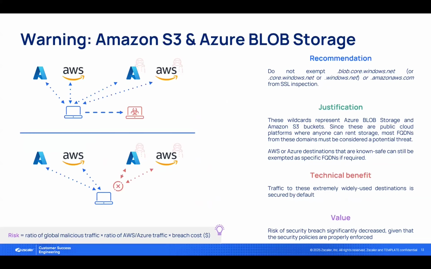Note that Microsoft often recommends bypassing .windows.net from inspection for other applications or services, and that if done, this will also bypass all Azure Blob Storage. You are free to exempt specific known safe AWS or Azure destinations if required. The recommendation is simply not to exempt the entire domain as a wildcard, as this introduces significant risk by exempting all traffic to these extremely widely used destinations.